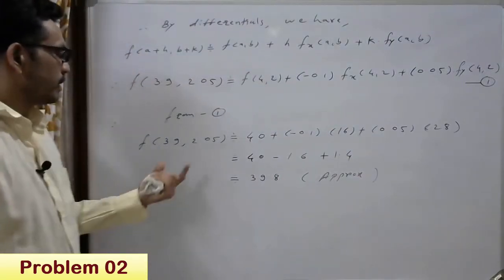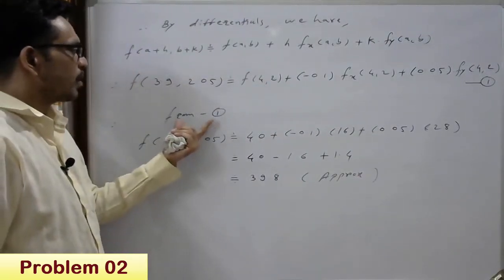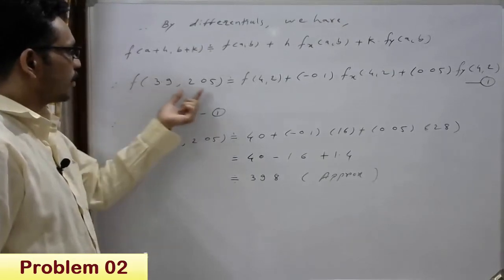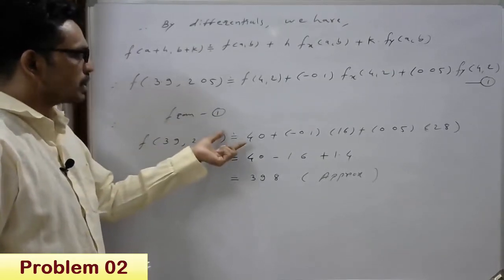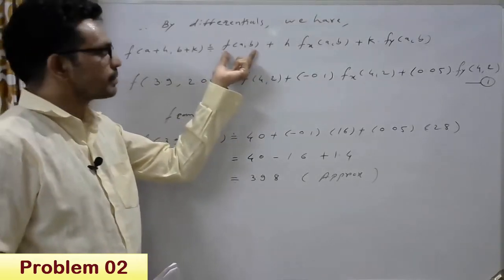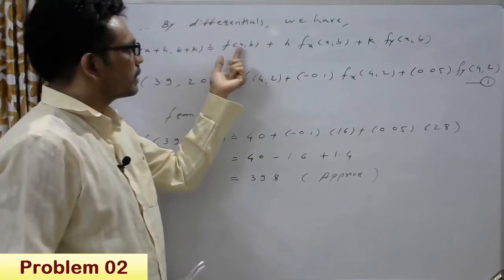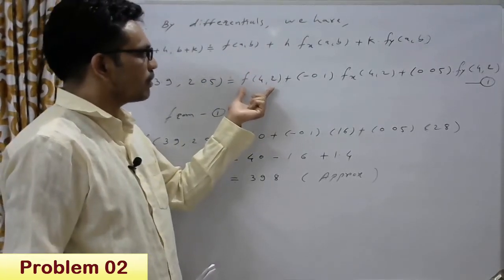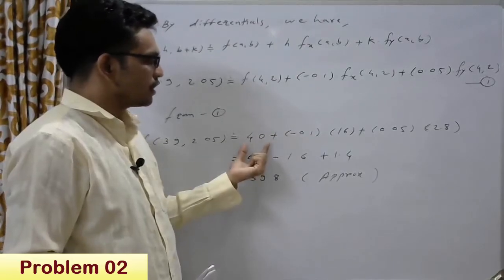Therefore, from equation 1, f(3.9, 2.05) is approximately equal to f(a, b), taking a equal to 4 and b equal to 2, that is the value of f at the point (4, 2), which is equal to 40.